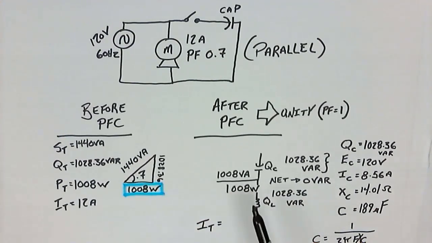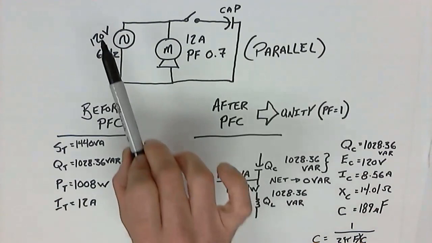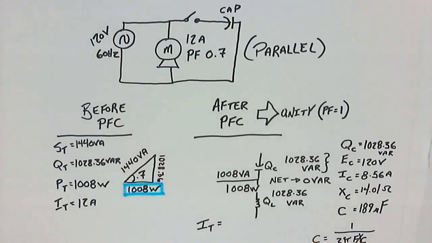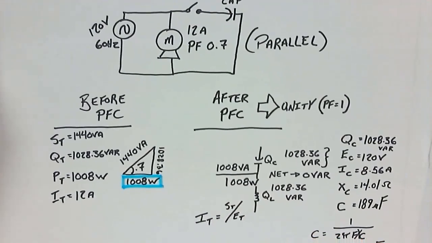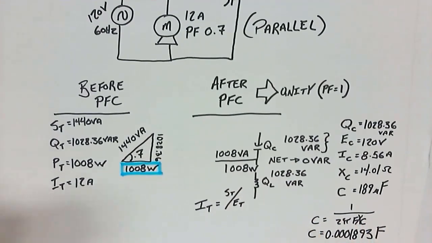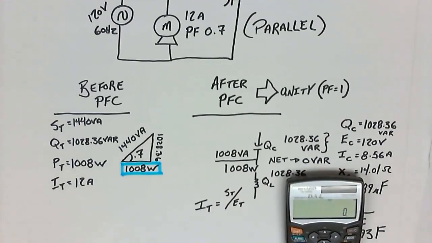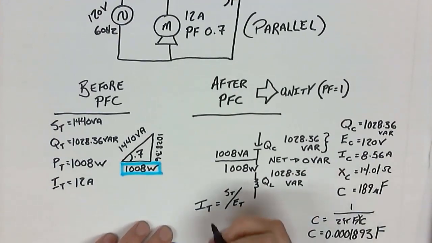Well, again, the total current is made up of the total VA and the total voltage, 120 volts. So that means if I were to take my S total and divide it by my E total, we should end up with the total current. And so with this situation, the total current we end up with is equivalent to 1008 divided by 120 gives me 8.4 amps.